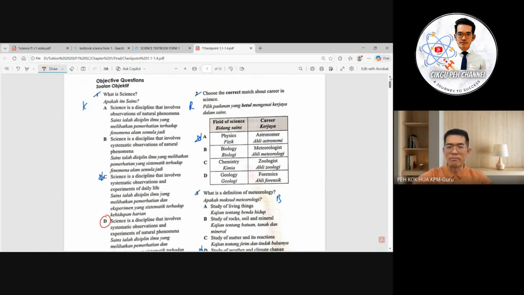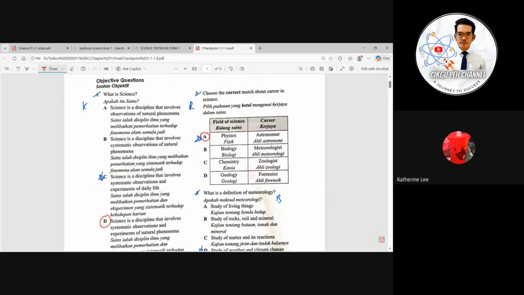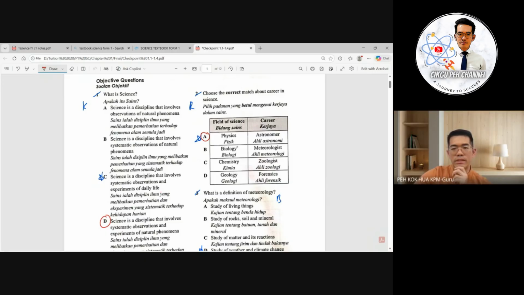Okay, so number 2. Choose the correct match about careers in science. Okay, so here, physics is related to astronomer. Yes, the answer is A. Catherine, we are at number 2. You can follow, right? Yeah. Okay, number 2 is A. Physics. Okay, so we look at the career, meteorologists will be referring to physics, is it?